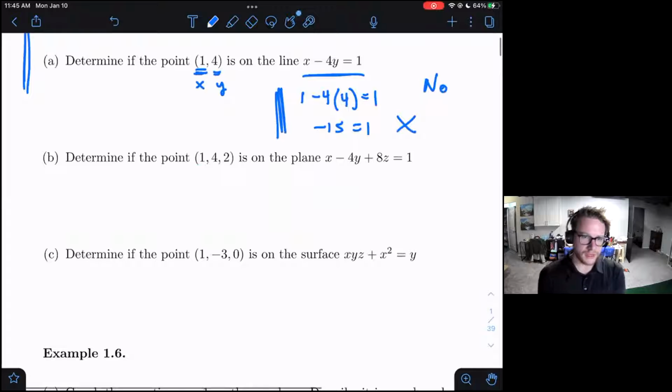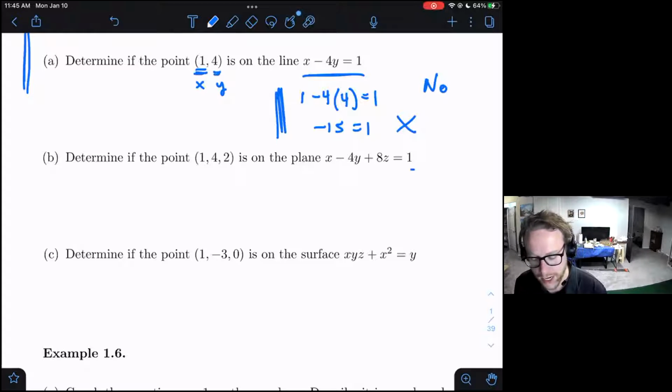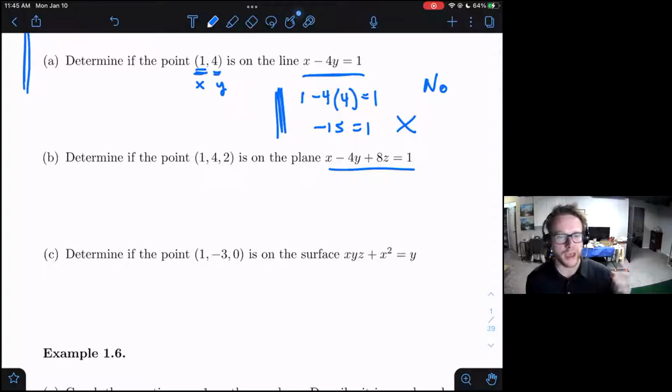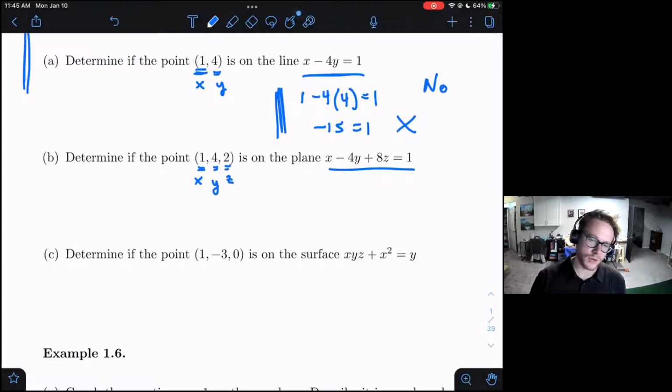The same sort of deal happens when we upgrade. It turns out that this right here is an equation for a plane in X, Y, Z space, in R3. Now we have (1, 4, 2), and the way we check this is exactly the same. The first component will be the X's, the second component the Y's, and the third component the Z's. The strategy is the same.